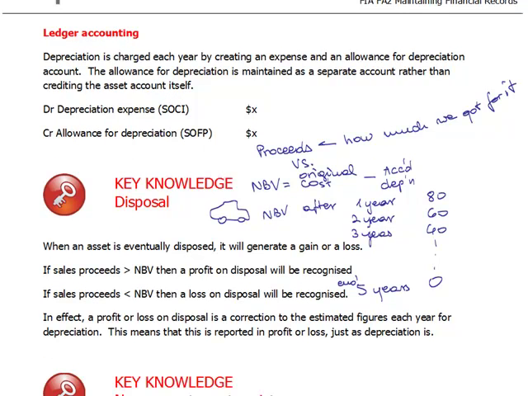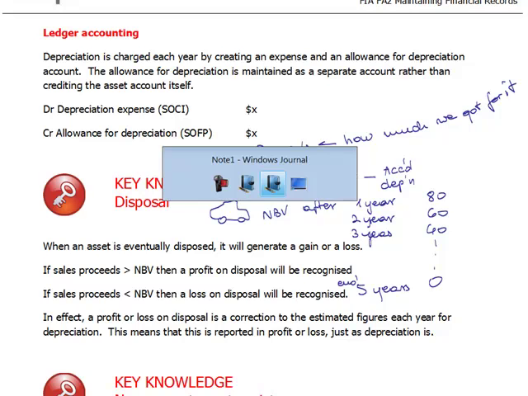The profit when we sell a non-current asset will be calculated in the following way. We will have a non-current asset account. Let's stick to our example of 100 for a car.